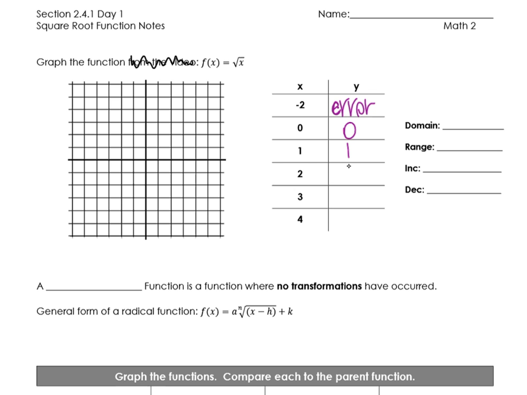When x is 2, it's 1.414. Hold on, let's make sure you can actually read that. When x is 3, it's 1.73. And when x is 4, it's 2.